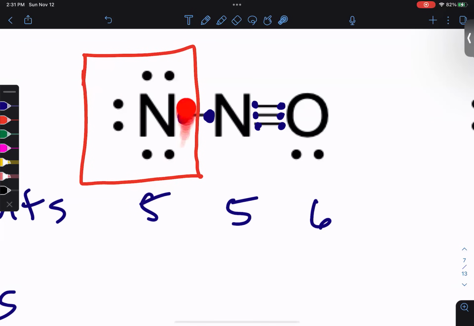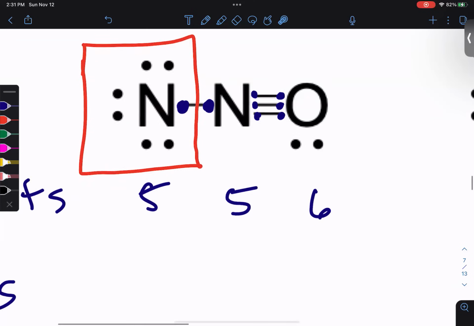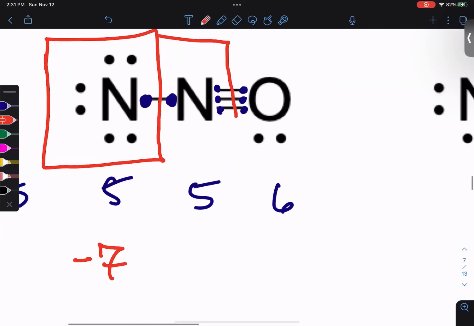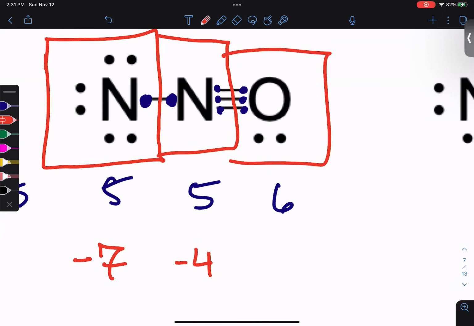So how many electrons are boxed in that box for this nitrogen? 7, because we have 6 lone pair electrons and then 1 electron coming from a bond, so it's 5 minus 7. But then if I box this nitrogen, how many electrons are in that box? 4. And then how many electrons are on that oxygen? 5. So again, 2 from the lone pair, 3 by taking half of the electrons from the triple bond.